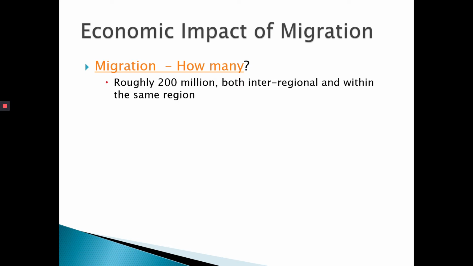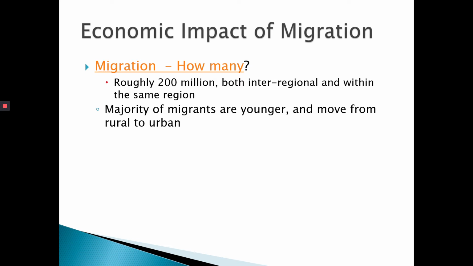Many of the migrants are younger migrants, and they typically are moving from rural to urban areas. So think about, why might the migrants be really consisting of younger people?